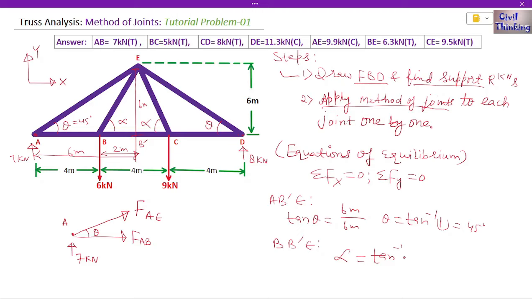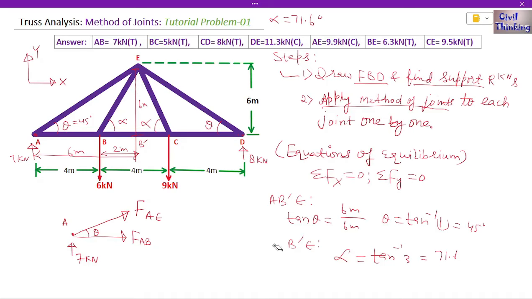Let me use the calculator. Tan inverse of 3 is 71.56, approximately 71.6 degrees. So this alpha is 71.6 degrees. Now we found these angles, so let's apply the method of joints at A.